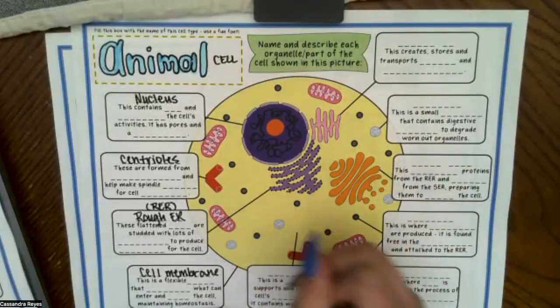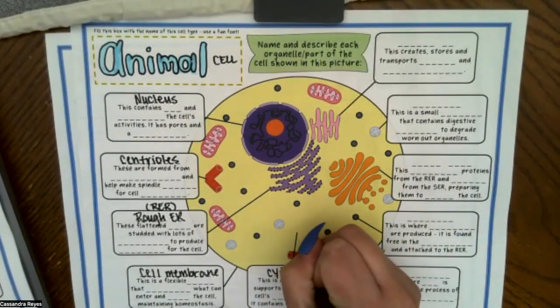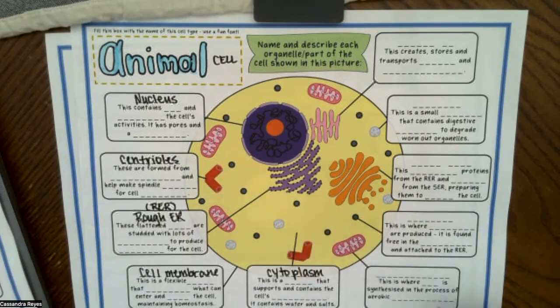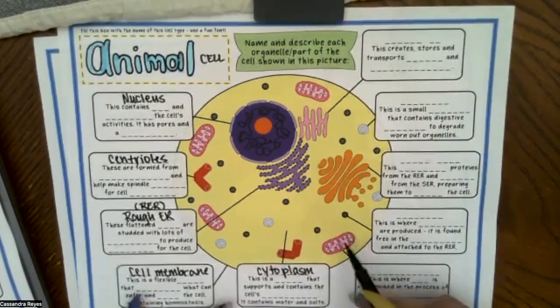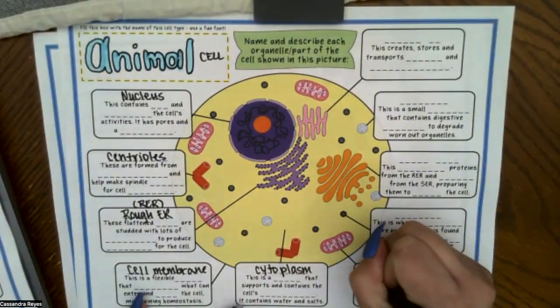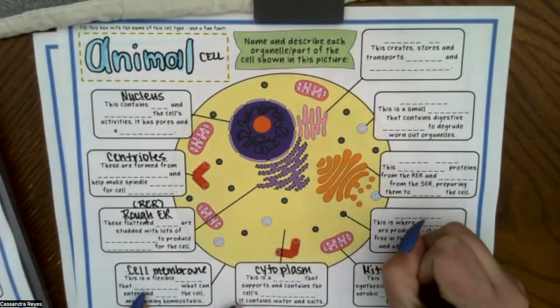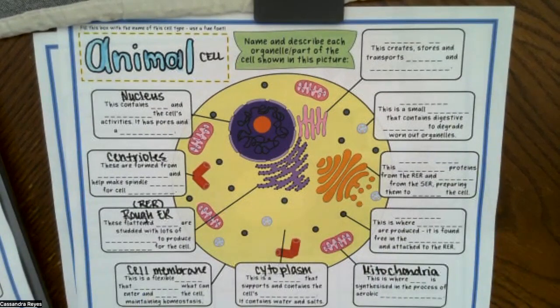That yellow substance is what is known as cytoplasm. All right, cytoplasm. Next, we got this little bean looking thing over here. And this guy is what's known as the mitochondria. And that's a big word. Mitochondria.